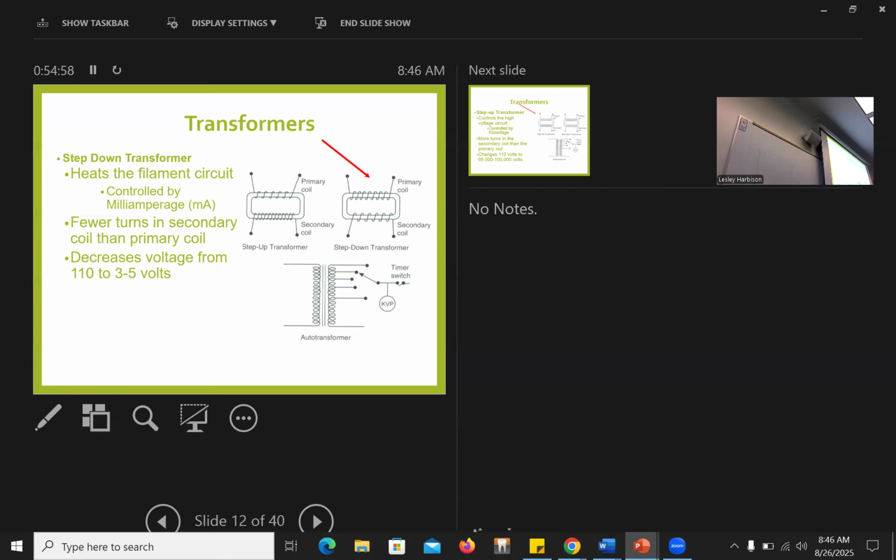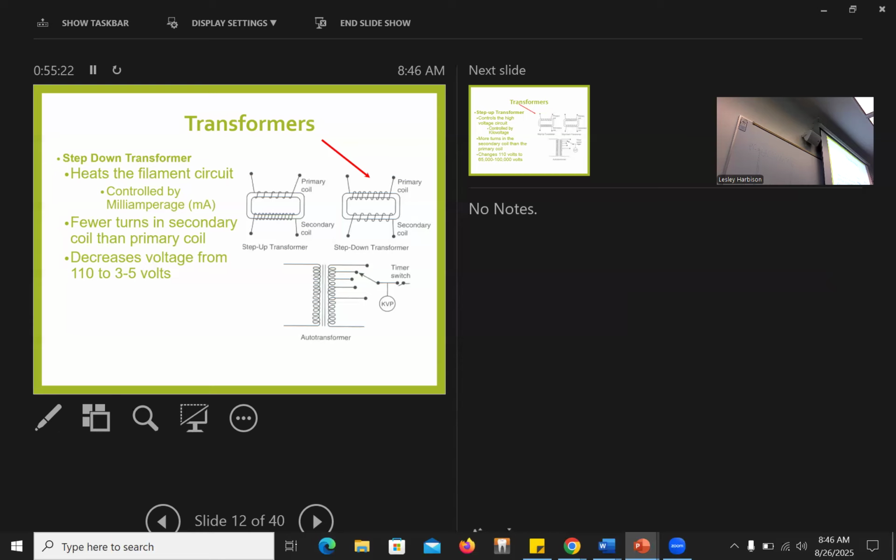On the primary there are fewer turns, and there are more turns in the secondary, so this is a step up. The red arrow is pointing to this one, which is the step down, because there are fewer turns in the secondary than the primary. They're labeled there, but just so you know, the red arrow is pointing to the one that all of this information is about.